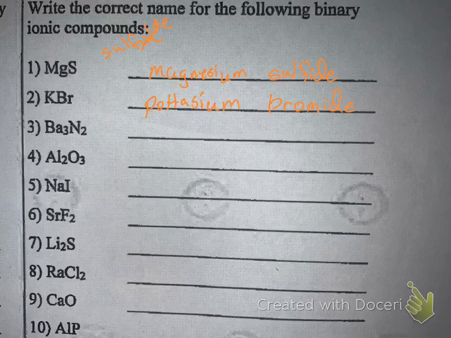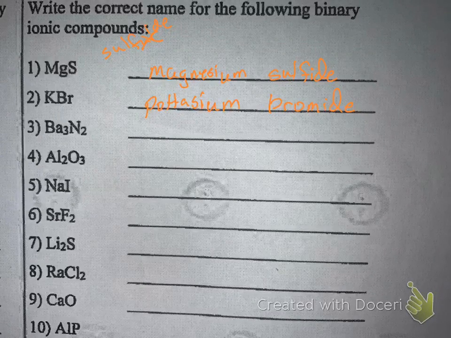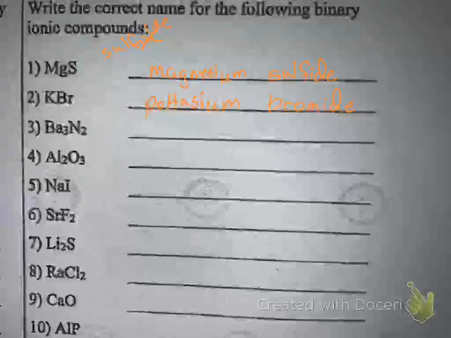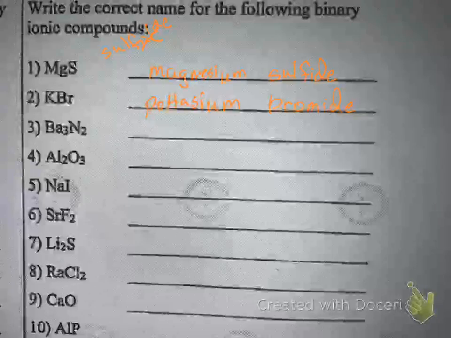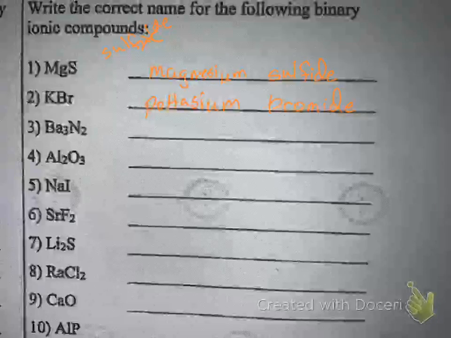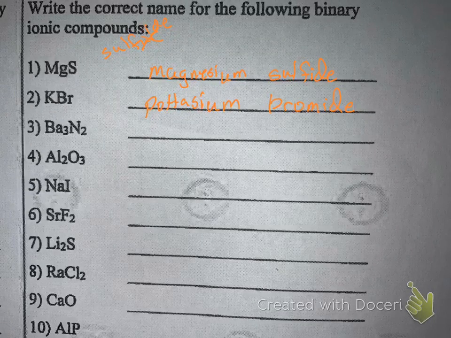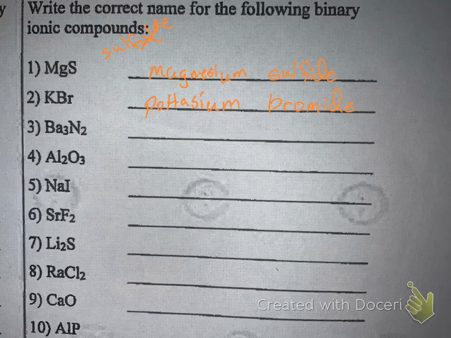So nitrogen becomes nitride. Phosphorus is phosphide. Sulfur, sulfide. Oxygen, oxide. Fluorine, fluoride. Chlorine is chloride. Just take the last part off and change it to ide. And don't do that with the positive part.